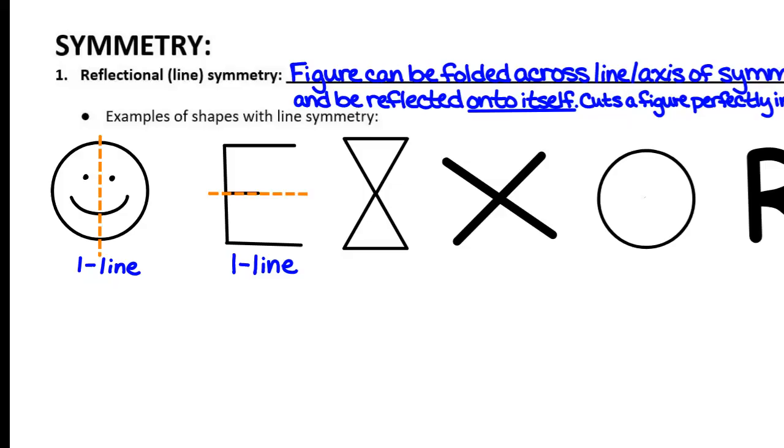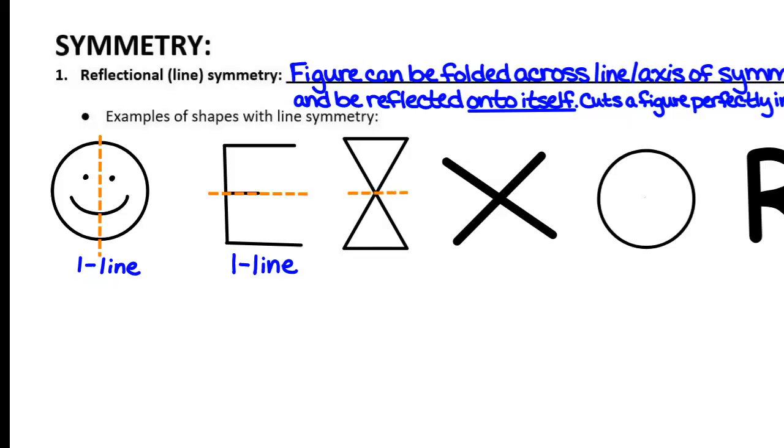And then I have this hourglass type shape. Does the hourglass have line symmetry, do you think? Yes. How many lines could I draw in? Two. Where could I draw them? Yep.